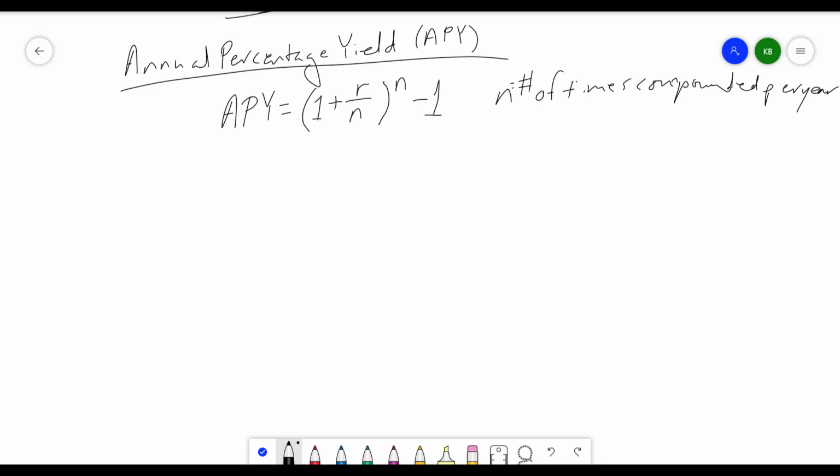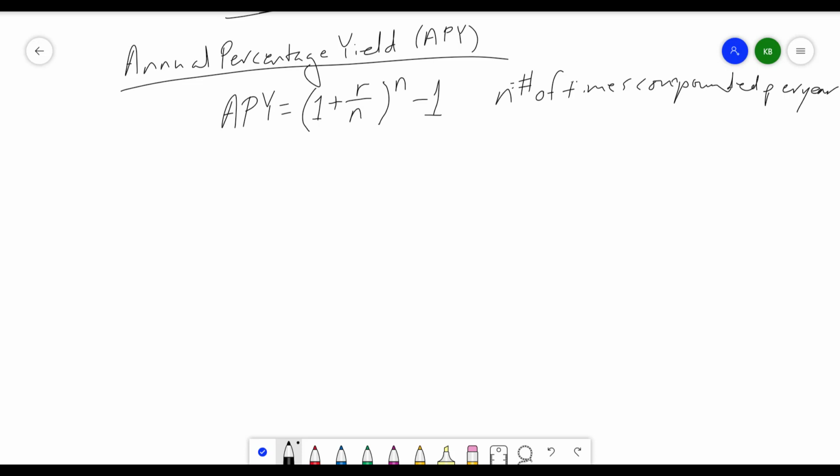So in the case of my CD, if I want to know how much money I'm actually making every year when it's compounding quarterly, what is my interest rate? So I can compare maybe my continuous compounding CD versus my quarterly compounding CD.